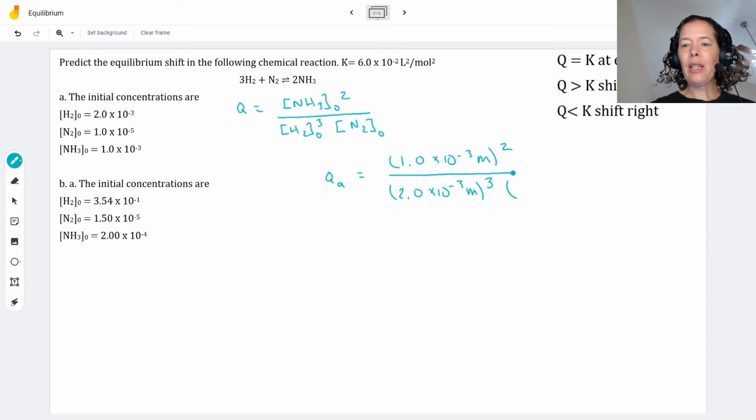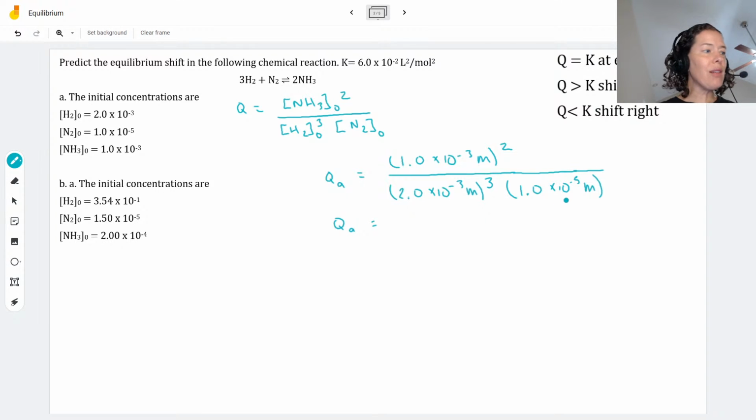And we're going to multiply this by our concentration of nitrogen, which is 1 times 10 to the negative fifth. That is measured in molarity. And this will give us our value for Q, again, for part A. That doesn't mean acid. I'm just using that for part A.